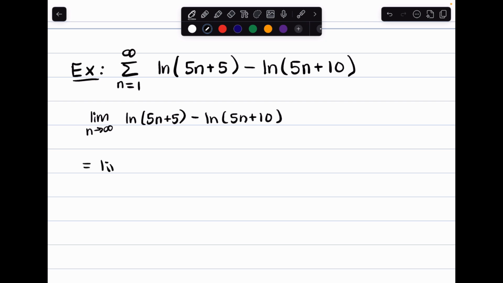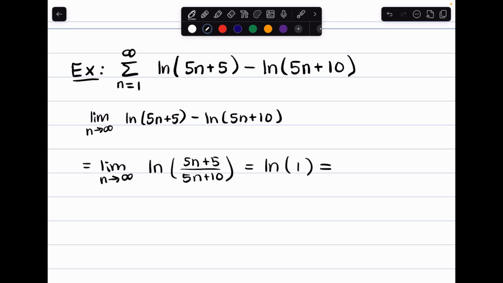Well, we can use some algebra and say that this is equal to the limit as n goes to infinity of natural log of 5n plus 5 divided by 5n plus 10. And when we evaluate this limit on the interior, the 5n plus 5 over 5n plus 10 as n goes to infinity approaches 1. So this limit ends up going to 0.